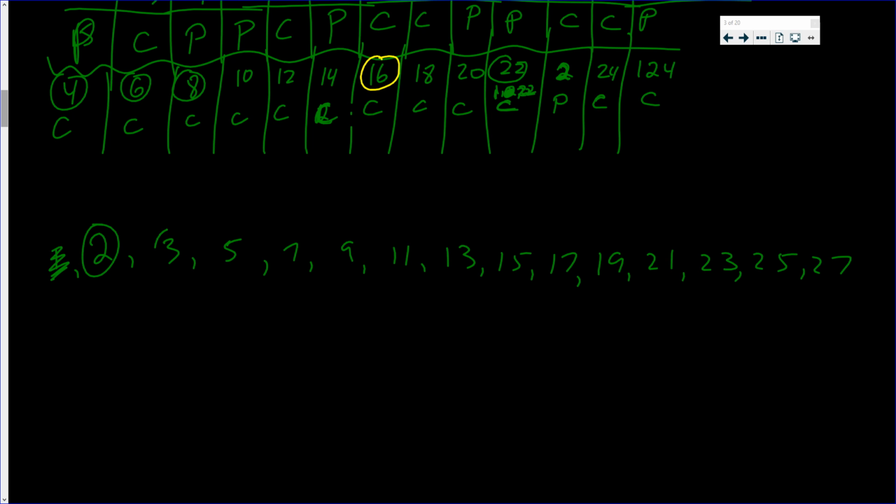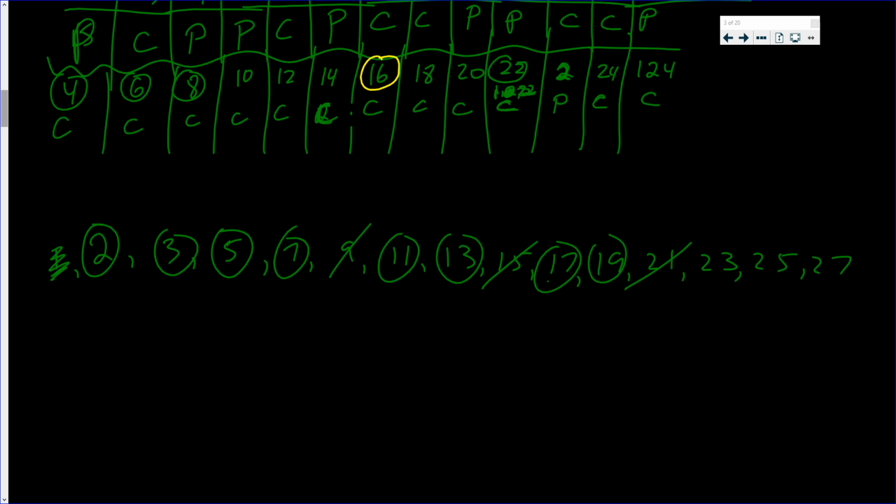That's the first, that's the second, that's the third, that's the fourth, that's 5, that's 6, that's composite. 7, 8, that's composite. 9, that's composite. That's composite. And then 29. There are my 10 numbers. 1, 2, 3, 4, 5, 6, 7, 8, 9, 10.